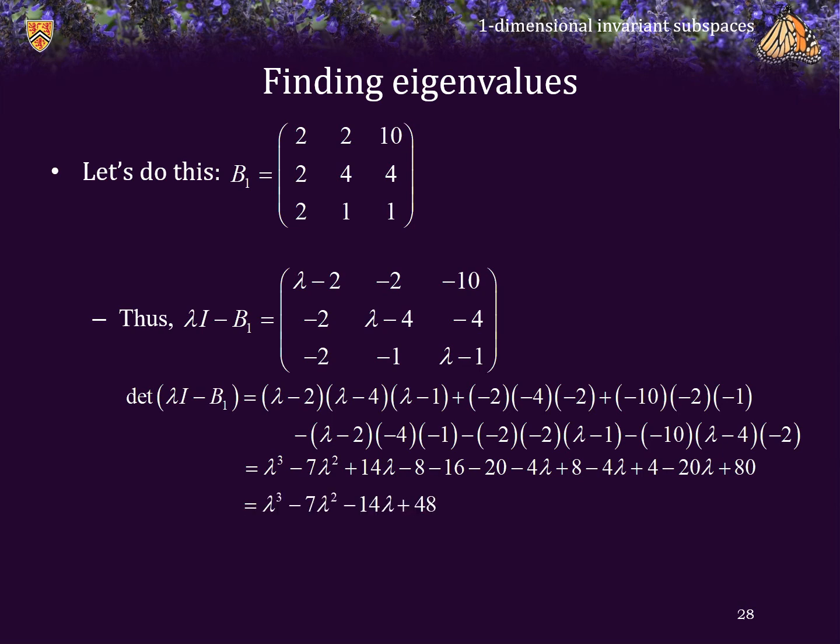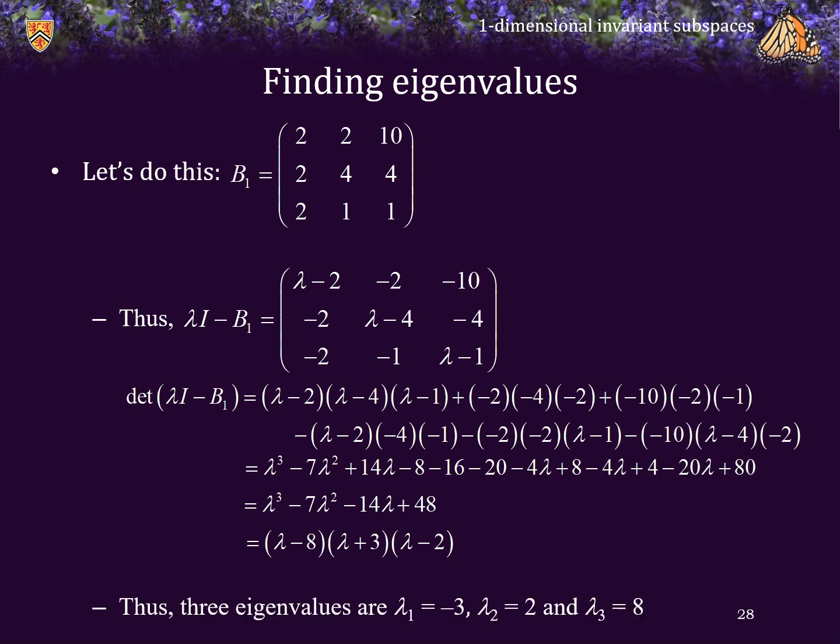And if you were astute or used the appropriate symbolic computation software, you would find that this can be factored as follows, and consequently, the eigenvalues of the above matrix are lambda 1 is equal to negative 3, lambda 2 is equal to 2, and lambda 3 is equal to 8.